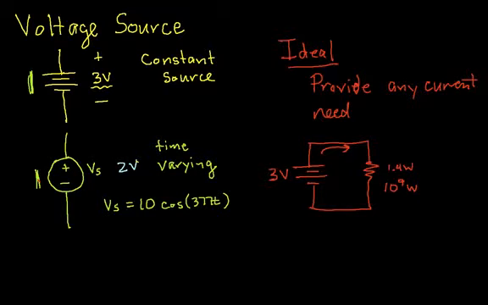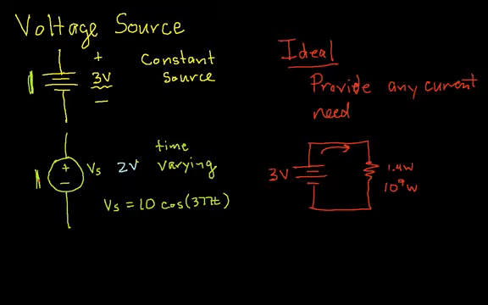Now, in real life, that doesn't happen. There's no way I'm going to have a battery that's able to supply 1 billion watts. Okay, so that's the difference between an ideal source and a real source. Real voltage sources include batteries, generators, both AC and DC.